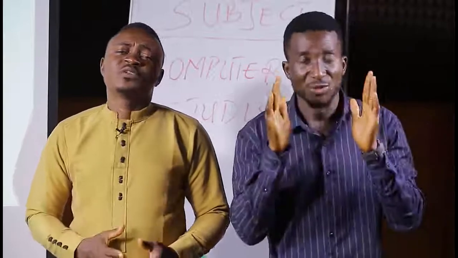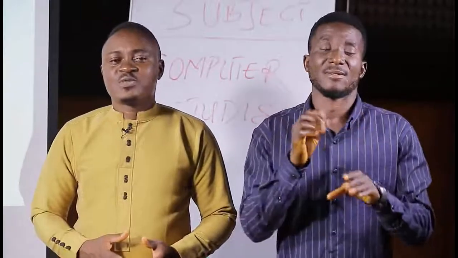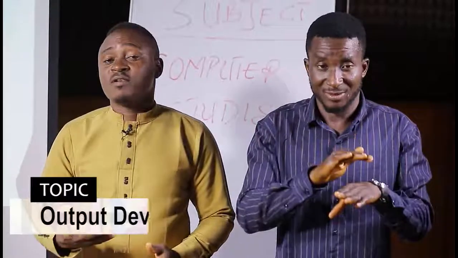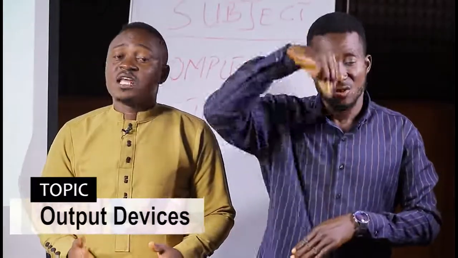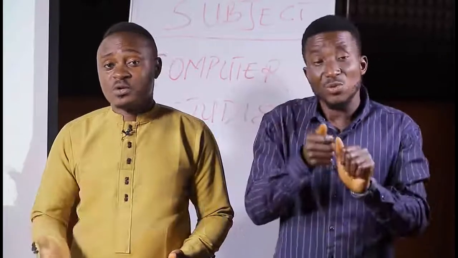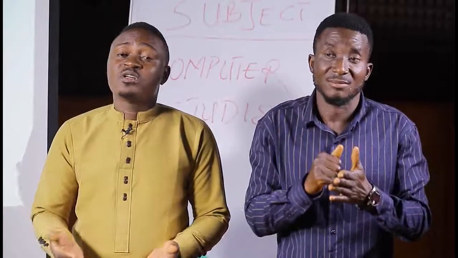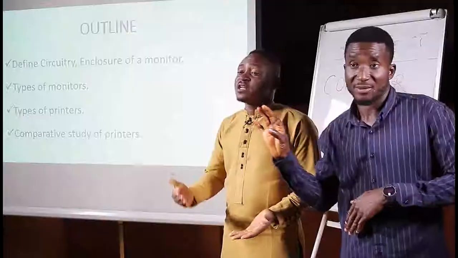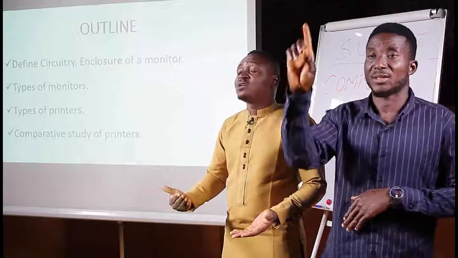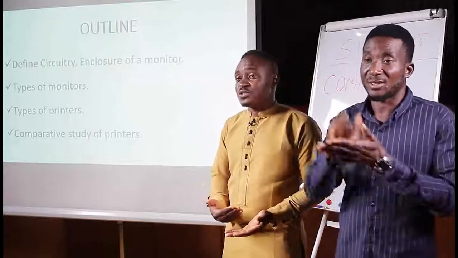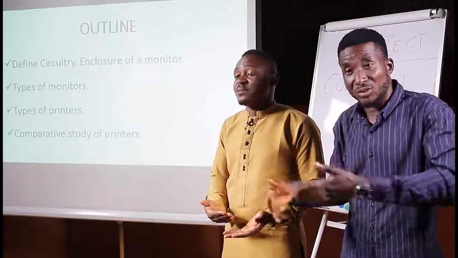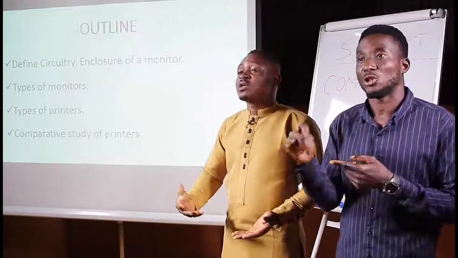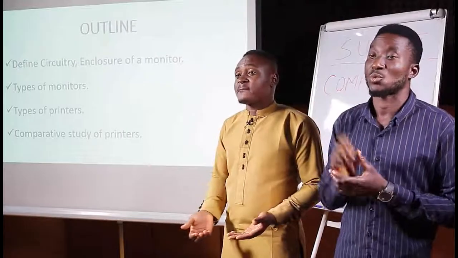So we define an output device as a device or an equipment or a peripheral, whichever you call it, that is used to send out processed information or processed data to the user.